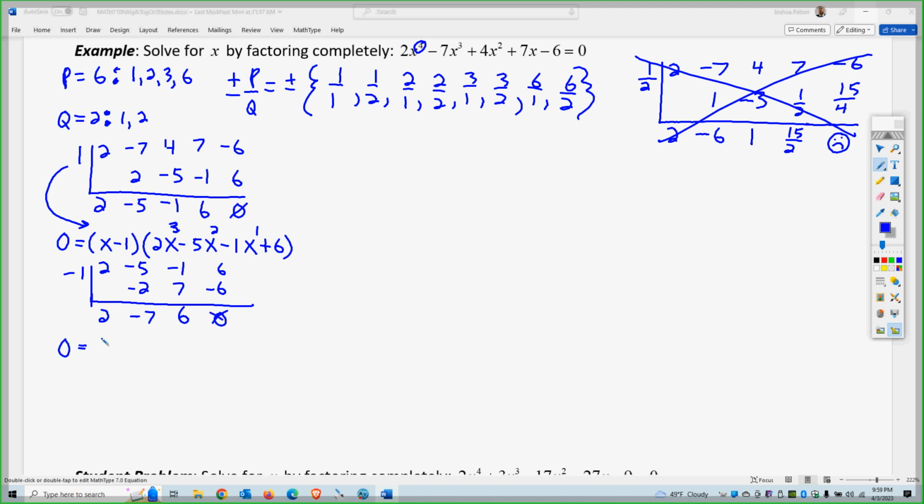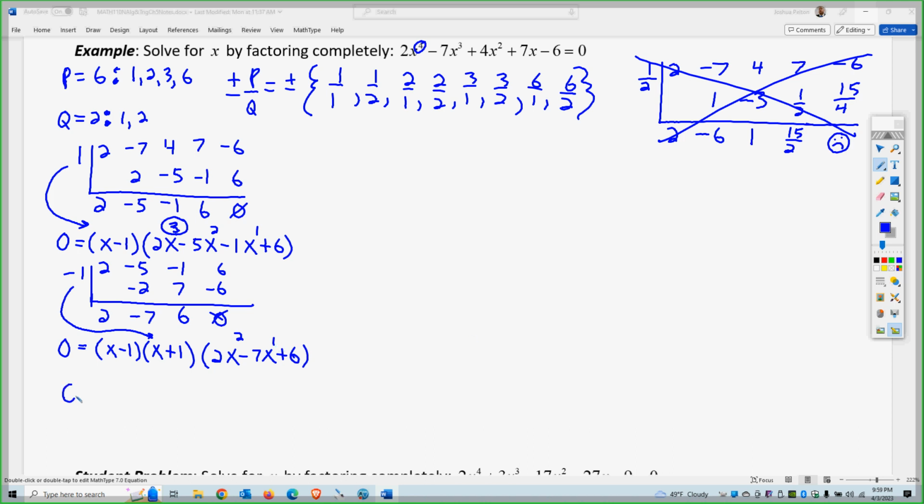Okay, so rewrite the problem. 0 equals x minus 1, and then now I have an x plus 1, because if I solve x plus 1, I'll get that 0, right? And I'm left with 2x minus 7x plus 6. So what power is that one? Well, this one is a third power that I just divided out of, so now I'm left with a second power. Okay, so it looks like we're going to have to factor this.